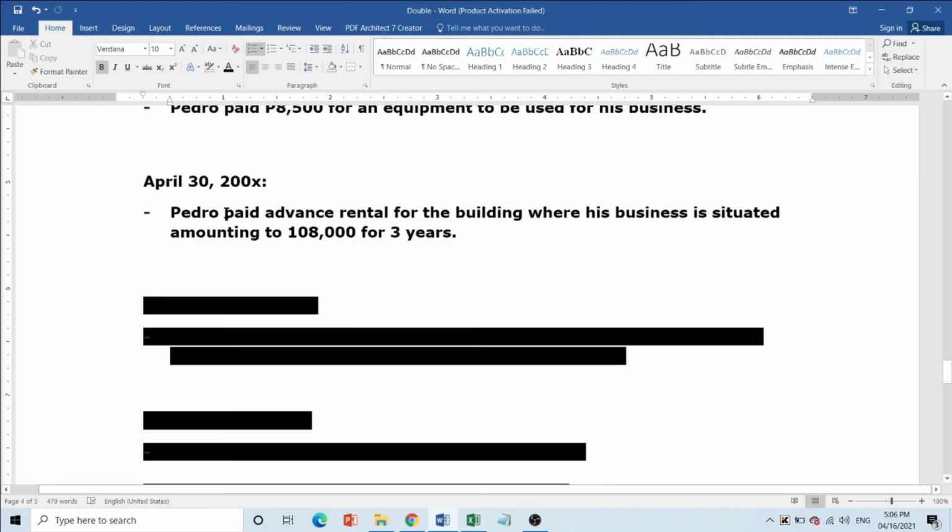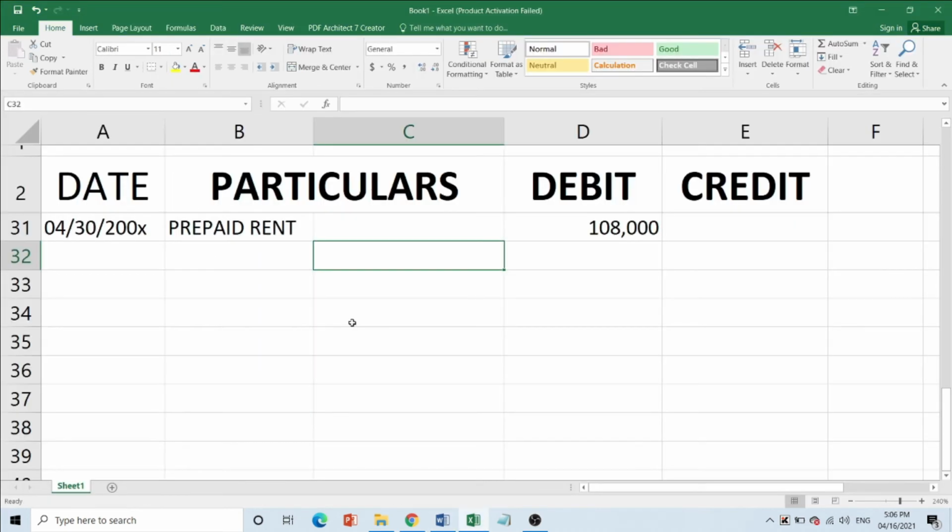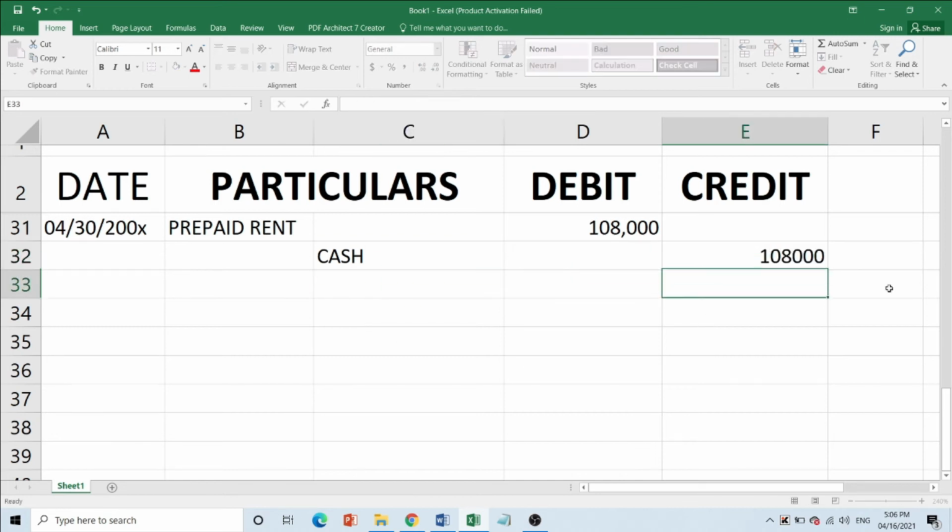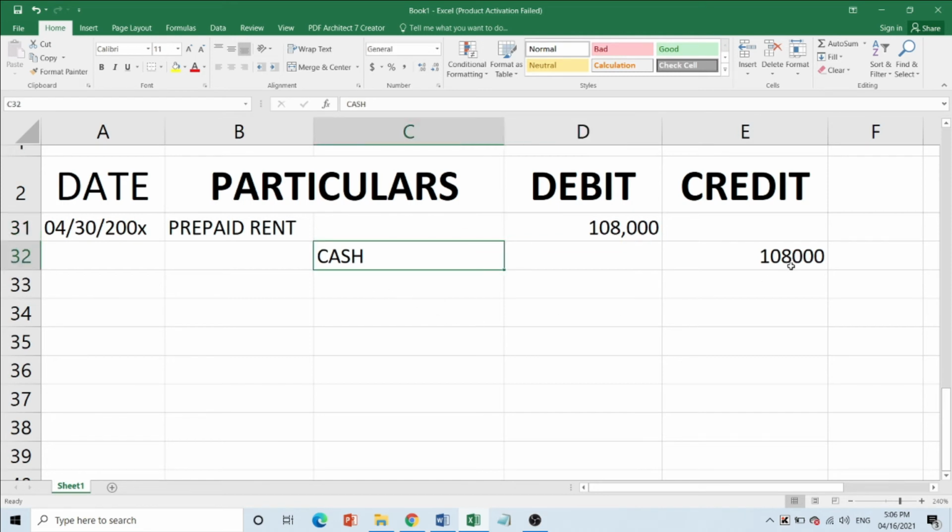Since nagbayad tayo, paid, we credit cash amounting to 108,000. Okay. Prepaid rent is an asset account, debit. Cash is an asset account, credit. Ang nangyari ngayon, nag-increase ang asset, which has a normal balance of debit.